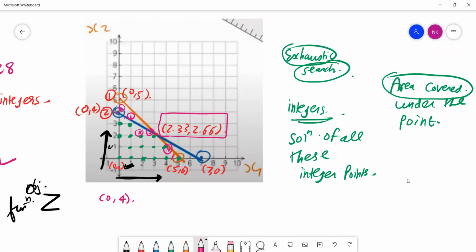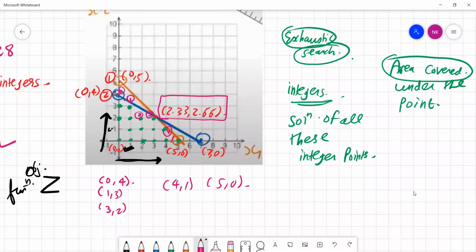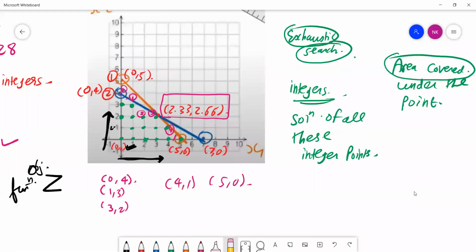And these are the points: 0, 4, then 1, 3, then another point, let's say 3, 2, then another point is 4, 1, and another point is 5, 0. So you will probably realize why I have considered these 5 points.